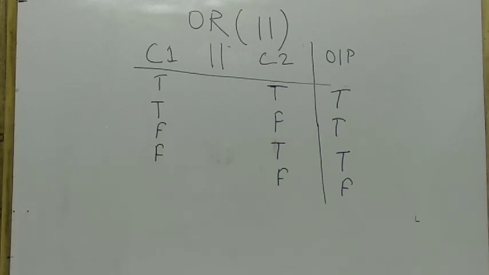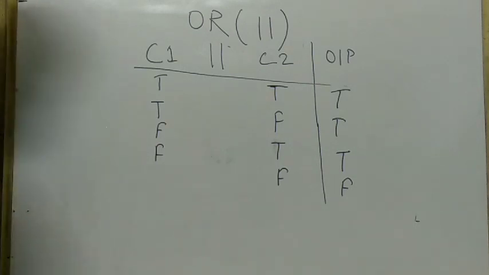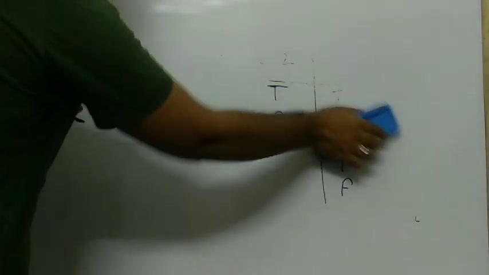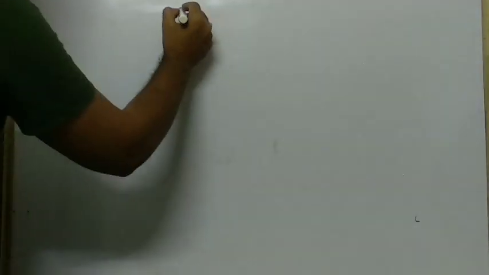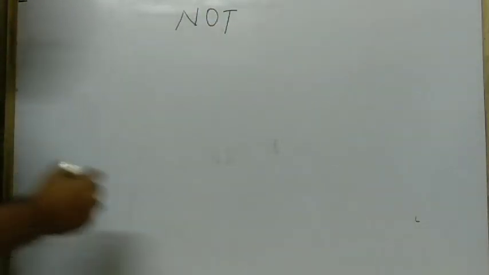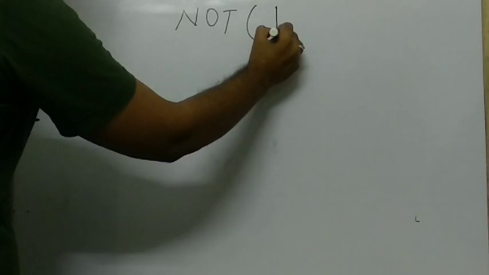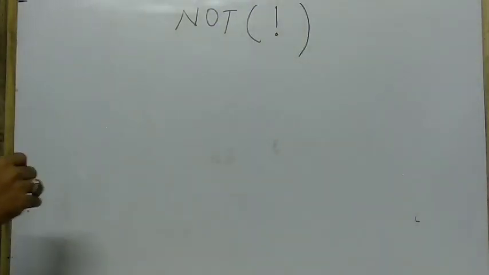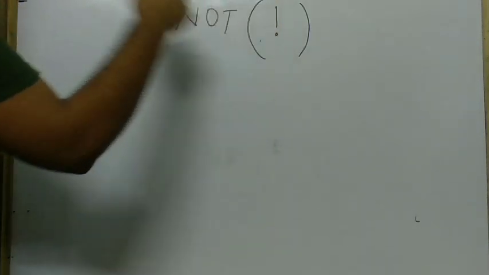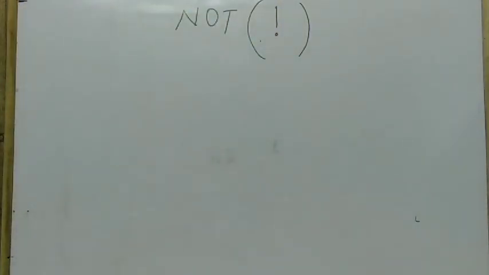The last one is the NOT operator, and the symbol is the exclamation sign. Whatever the input, the opposite or the inverse is the output.